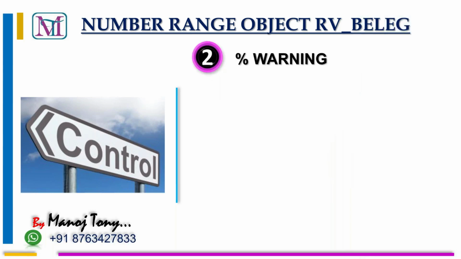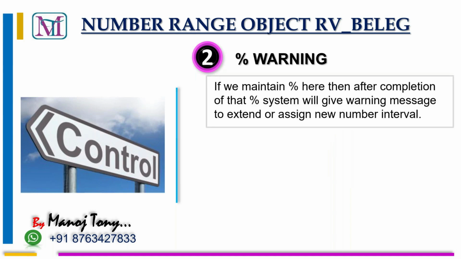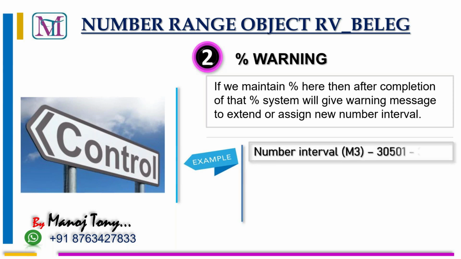Then the next important part is warning. What is warning? If we maintain a percentage here, then after completion of that percent, the system will give a warning message to extend or assign a new number interval. Example: suppose I have assigned a number interval from 30,501 to 30,510, and I have maintained 50% in warning.